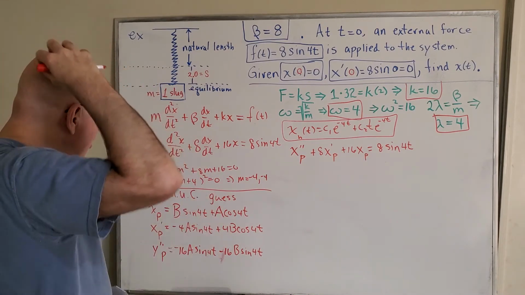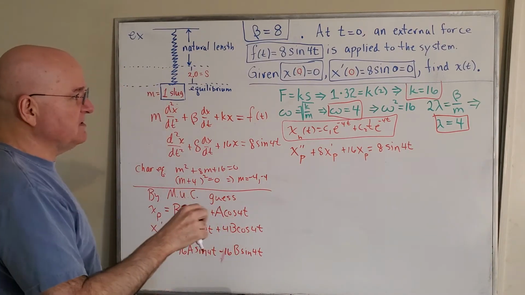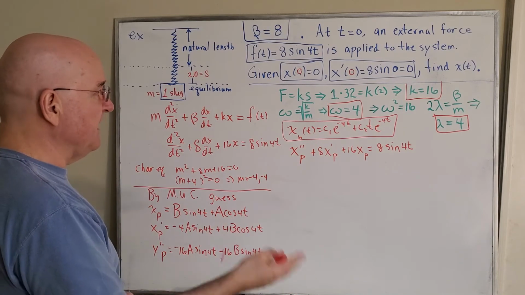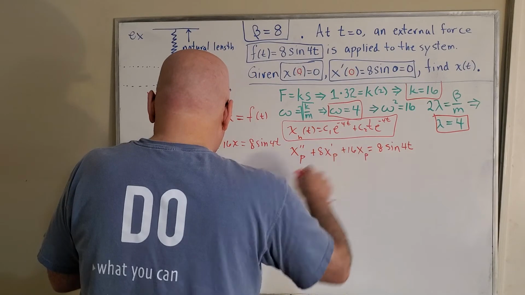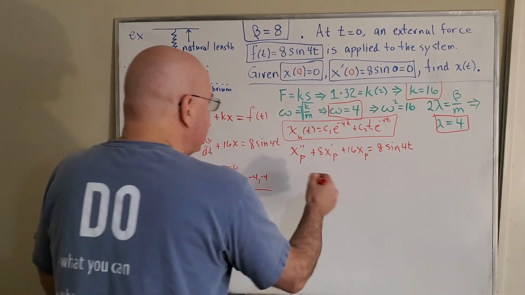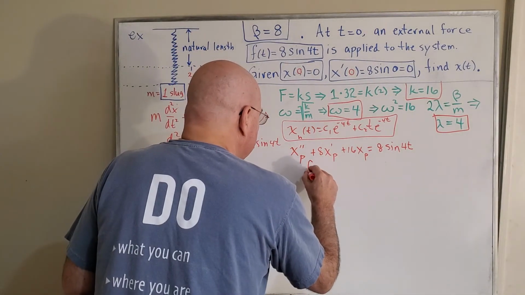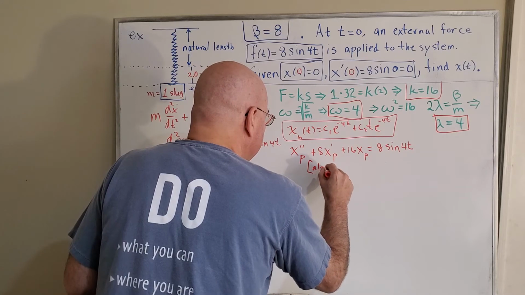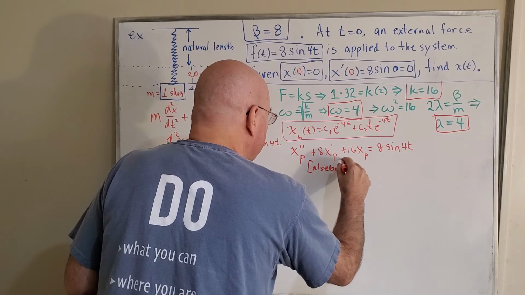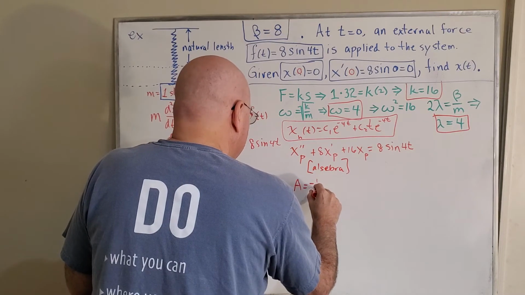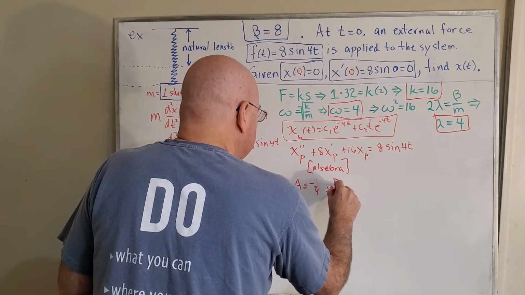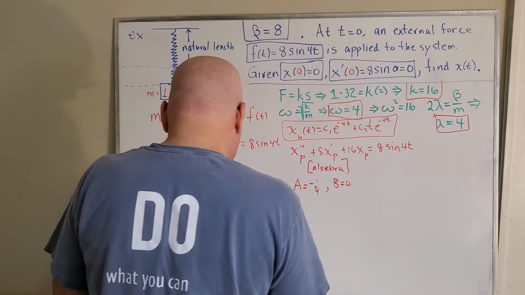So all the coefficients of the cosines would add up to 0, and all of the coefficients of the sines would have to add up to 8. Algebra would give us A equals negative 1/4, and B would give us a 0.